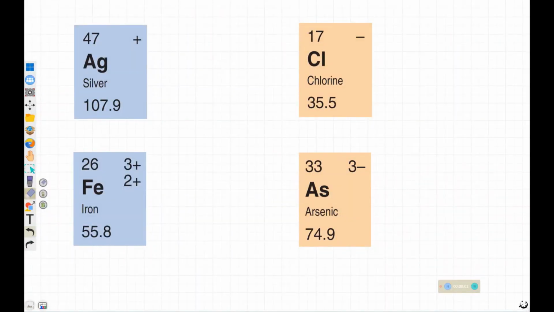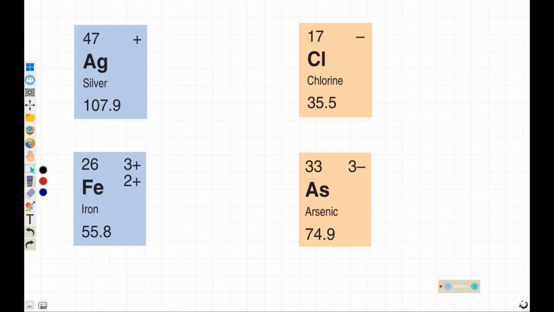Let's now take a look at the individual entries in the periodic table. I pulled 4 of the elements out, which you should see right now: silver, iron, chlorine, and arsenic. The silver and iron both come from the metal end of the periodic table, and the chlorine and arsenic elements come from the non-metal section of the periodic table, hence the different color codings on there.